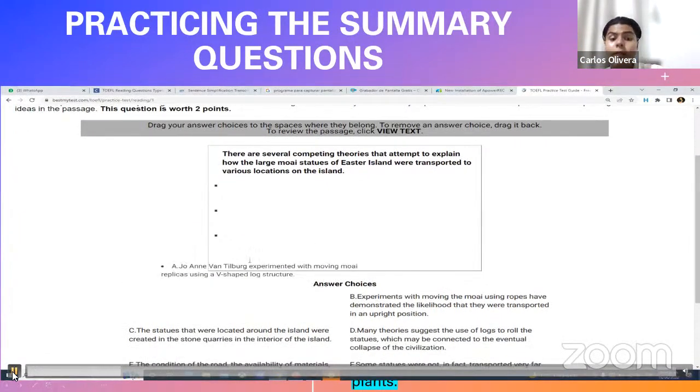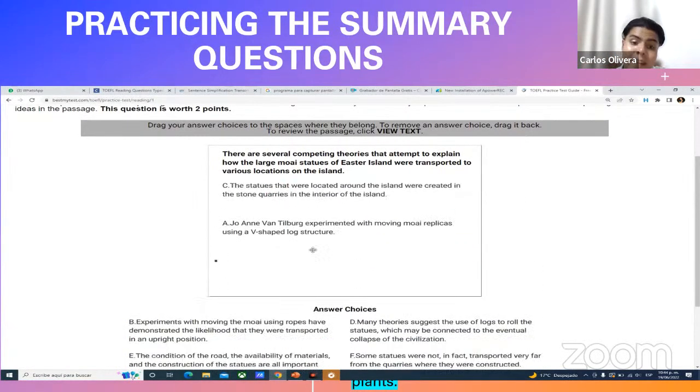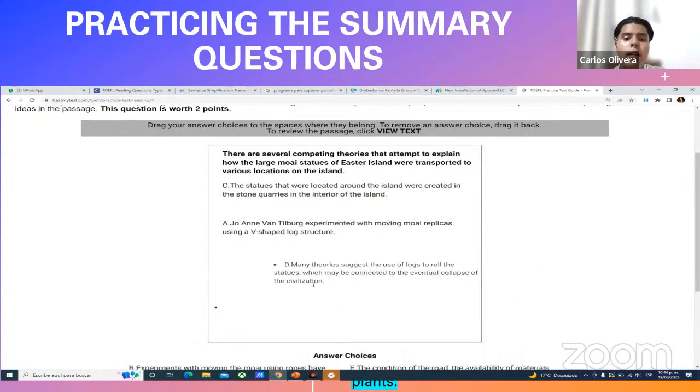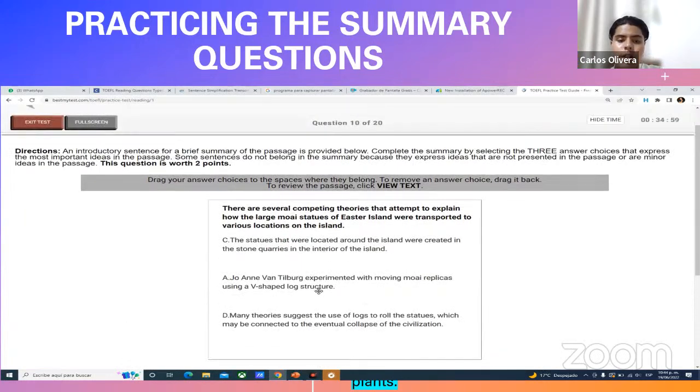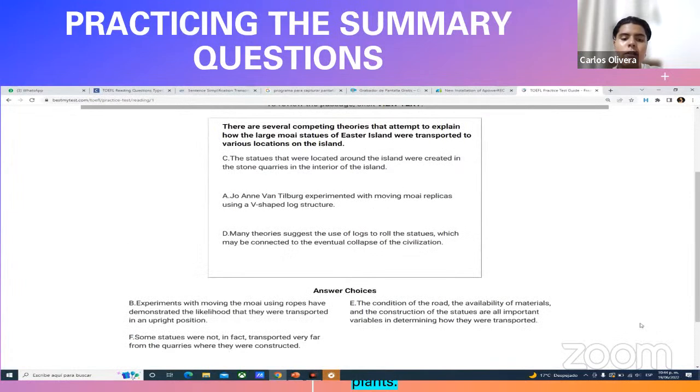Look at it. So you have the reply box, right? And there you have to insert, to drag with your mouse, the answers you consider to summarize the main ideas of the reading passage. Because as you can see, you have some options there. You have like 10 or 9 possible responses, but you merely have to choose 3 of them, okay? It's normally 3 different answers you have to choose.